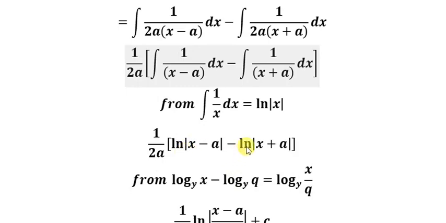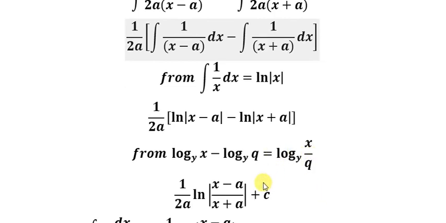Now, this and this is logarithm. So we bring our mind back to the laws of logarithm, which say that, having the same base, if two quantities are being subtracted, we can write it in quotient form. So log x to the base y minus log q to the base y can be written as log of x over q to the base y.